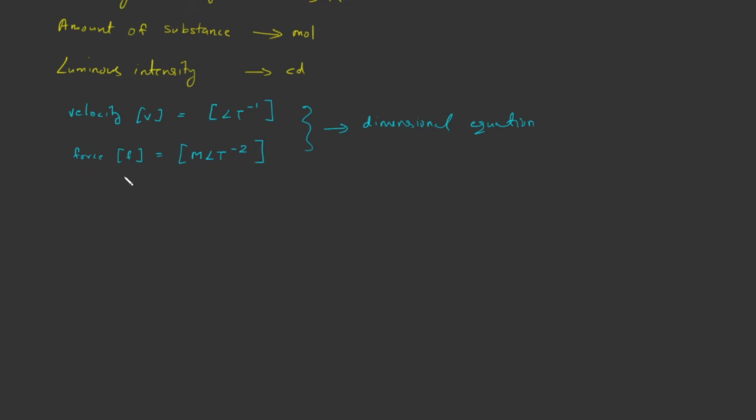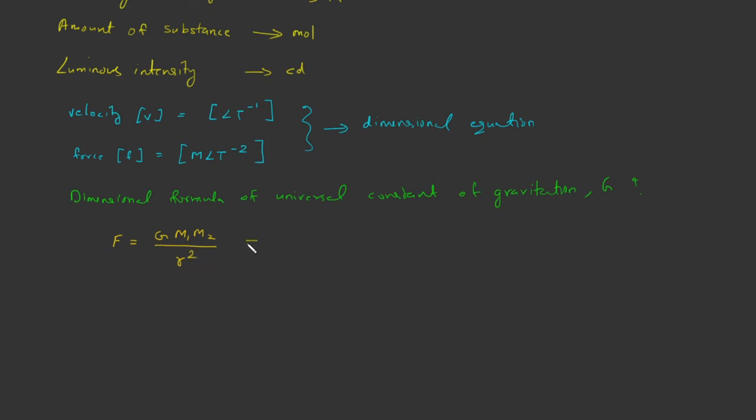Let us do one more example and conclude the session. For that, we are going to find the dimensional formula of the universal constant of gravitation, that is G. We know the equation for gravitational force, that is F is equal to G m1 m2 divided by r square.